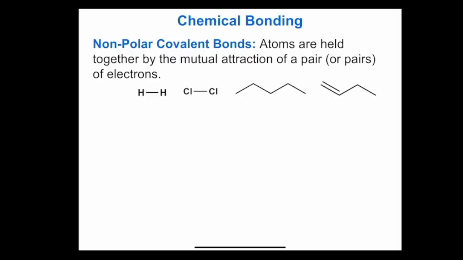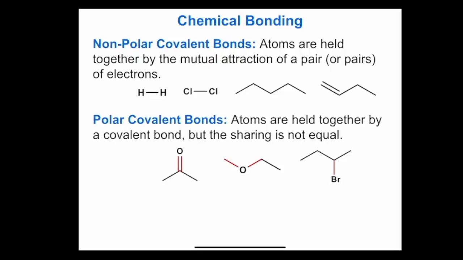So all of these would be considered not just covalent bonds, but non-polar covalent bonds. It's meant to say that the sharing of the electrons is equal. In other words, neither of those two atoms is winning in that tug of war. In the case of hydrogen, the two electrons holding those two hydrogens together are about equally distributed. It's not only on one or the other. Same thing with chlorine or anything else through here.